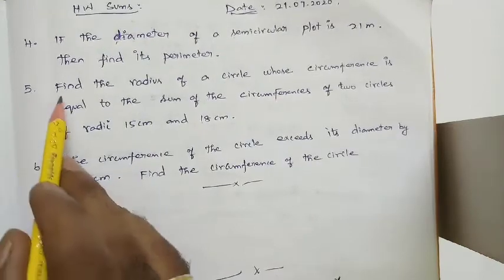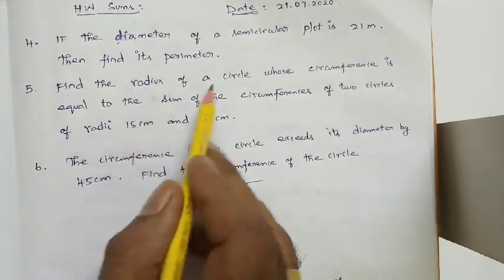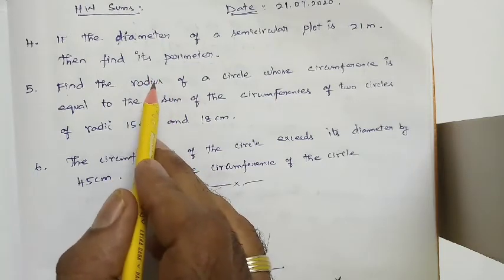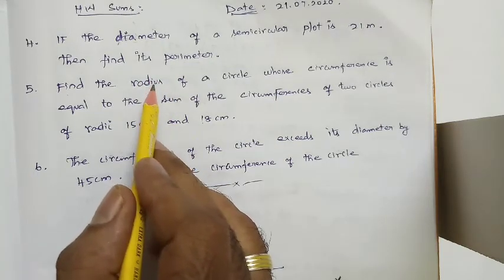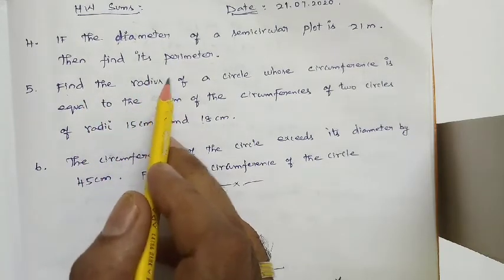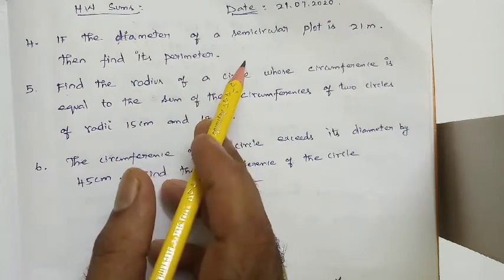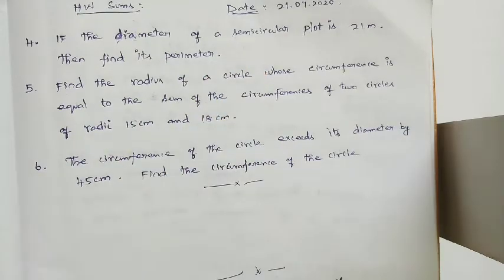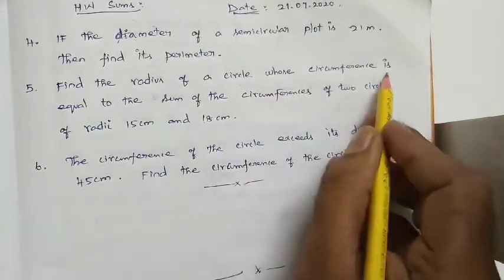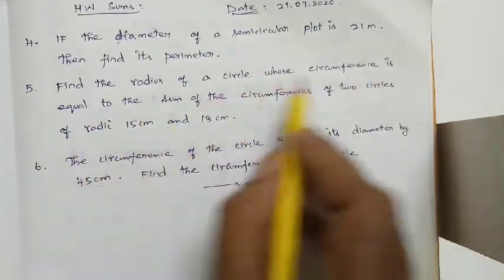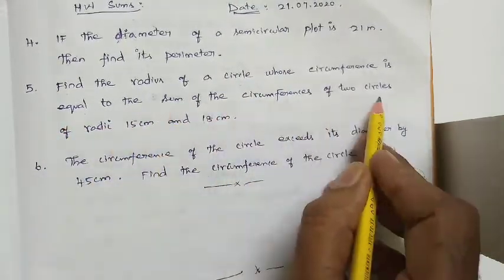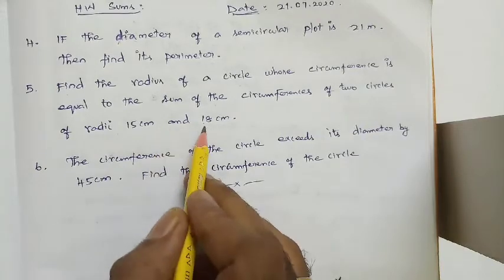Next, sum number 5. Find the radius of a circle. Always they will give you the value of radius and diameter in the question, but here they ask you to find the radius. That means we are going to equate with the formula, right? Find the radius of the circle whose circumference is equal to the sum of the circumferences of two circles of radii 15 cm and 18 cm.